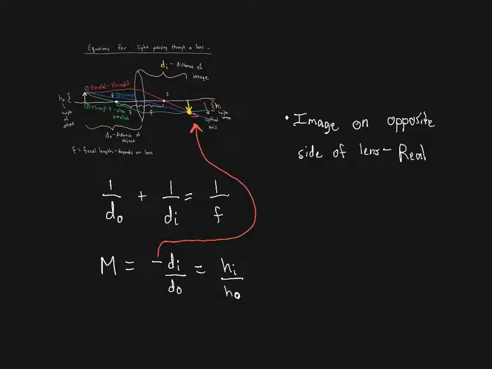This kind of makes sense to me because I expect that light comes through a lens and is focused on the other side, so I'd expect my image on the opposite side of the lens. So I would call it real. If the image, however, is on the same side of my lens as the object, then I call that a virtual image.